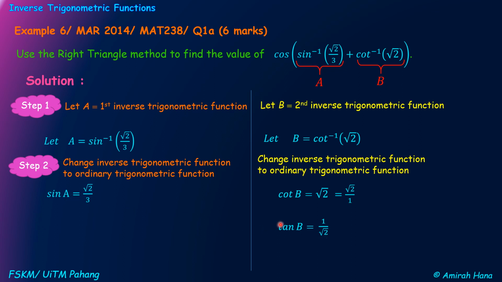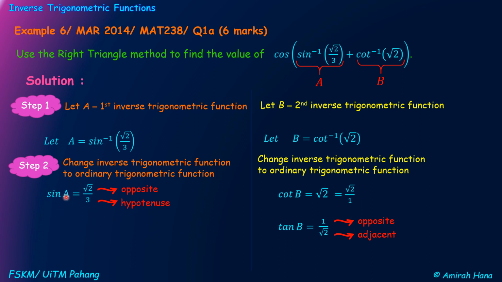We change to ordinary trigo functions to make it easy to draw a right angle triangle and find all three sides. So from tangent B equals 1 over sec2, 1 means opposite, sec2 means adjacent, for B. And for A, sine A equals sec2 over 3, sec2 means opposite, and 3 means hypotenuse.